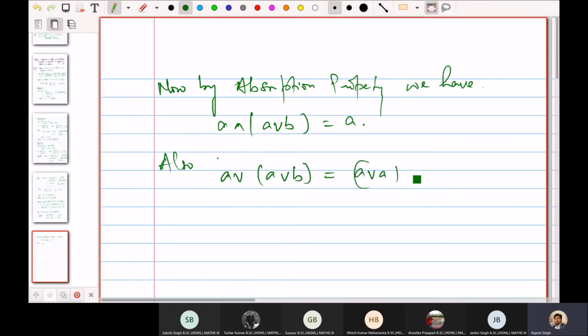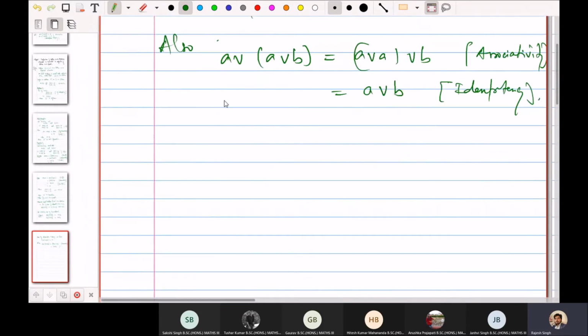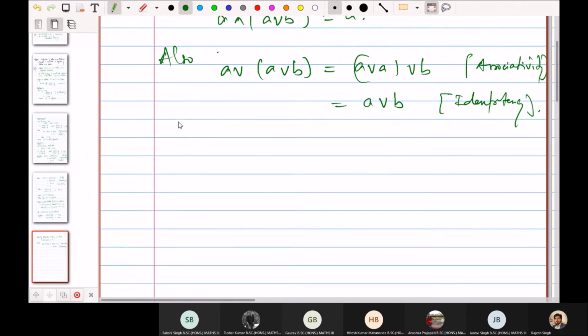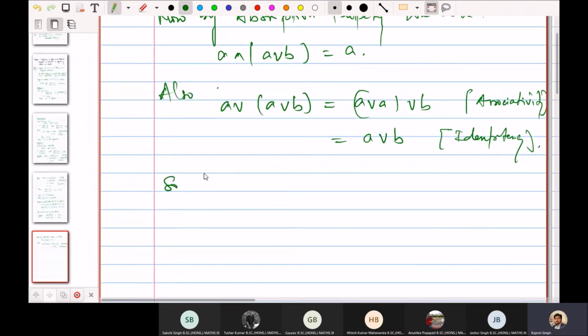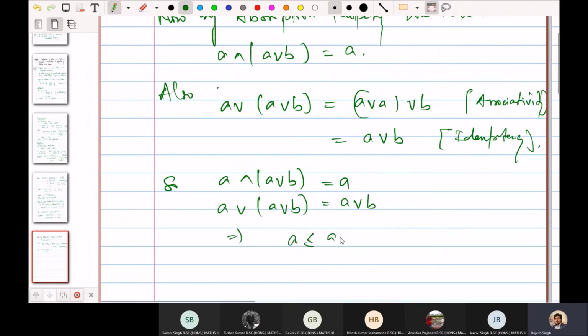This is (A cup A) cup B by associativity, and this happens to be A cup B, idempotency का यूज करके. सो यहाँ से हमारे पास क्या आ गया? So A cap (A cup B) is equal to A and A cup (A cup B) is equal to A cup B. So this implies A is related to A cup B.